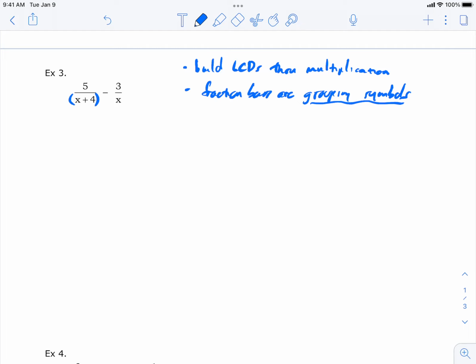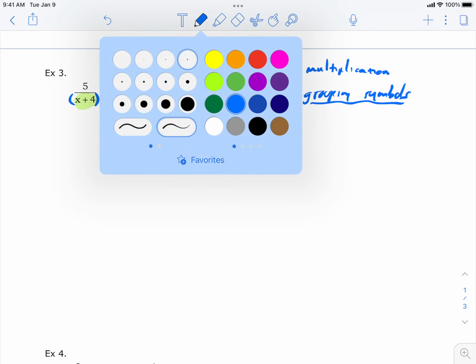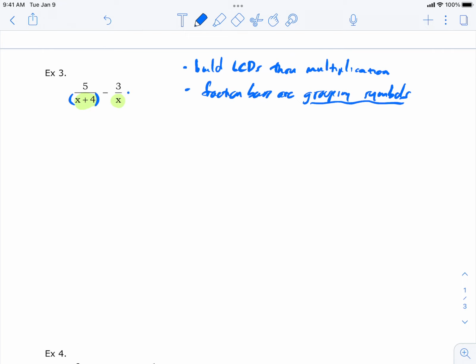So looking at it that way, you say, well, what are my two denominators then? This is just an x, this is an x plus 4. And so my denominator contains both an x and an x plus 4. So here I go. I'm going to multiply this one by an x plus 4 over x plus 4. That way this one has both an x and an x plus 4.